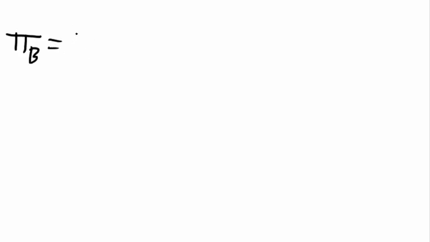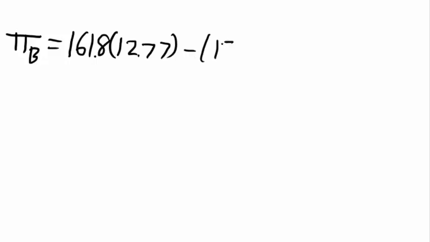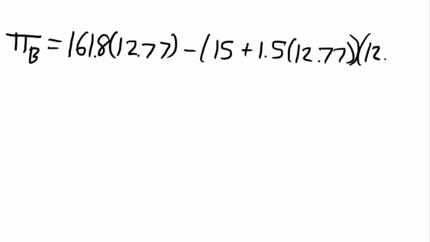And so if we want to find the profit for firm B, we would use the same function, and we would have the price of 161.8 times quantity B, which is 12.77, and then subtracted by our marginal cost function of 15 plus 1.5 times 12.77, and that marginal cost function is multiplied by our quantity of 12.77.